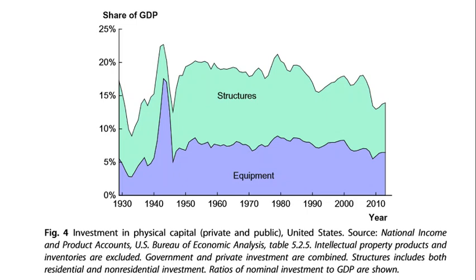And structures maybe have declined more since the 50s, maybe a drift from 20 to 15 or so. But again, that's as a percentage of what we're doing, right? If you think about the economic output of the United States, we're spending a little more than 5% and then a little more than 10% on top of that, pretty consistently reinvesting in stuff we need to make our economy go, right? The physical capital that makes it happen.